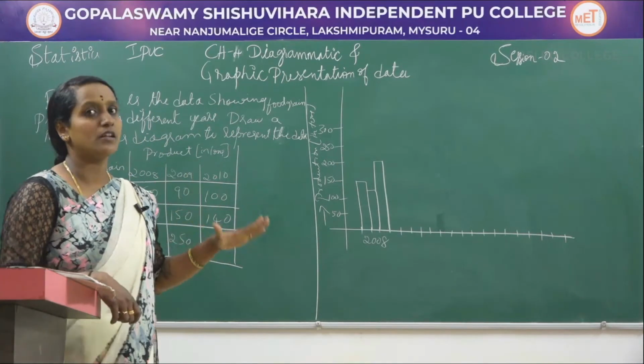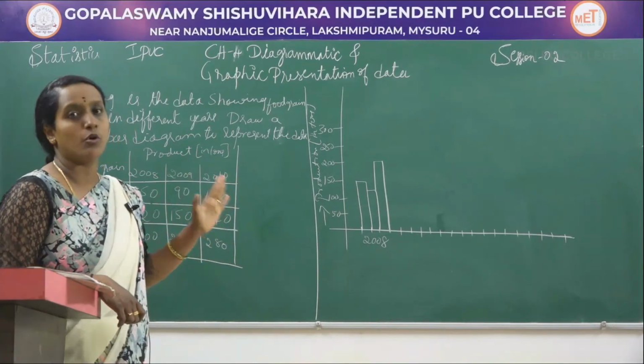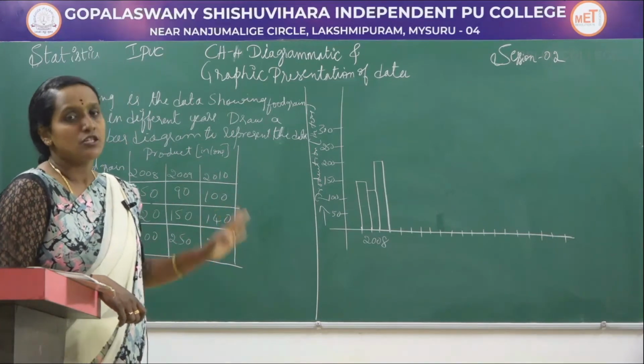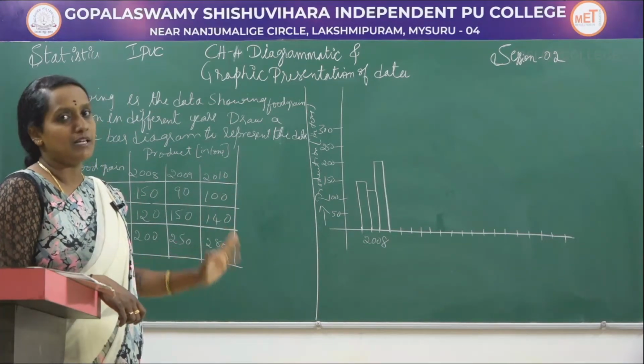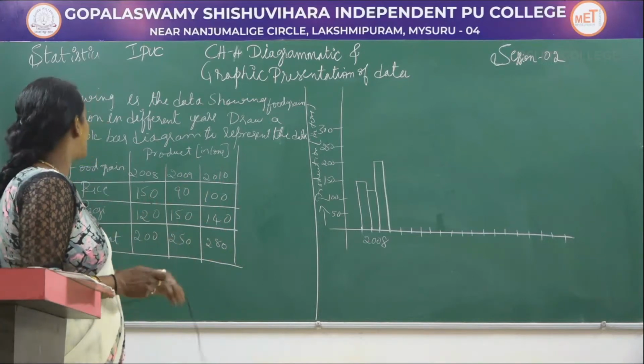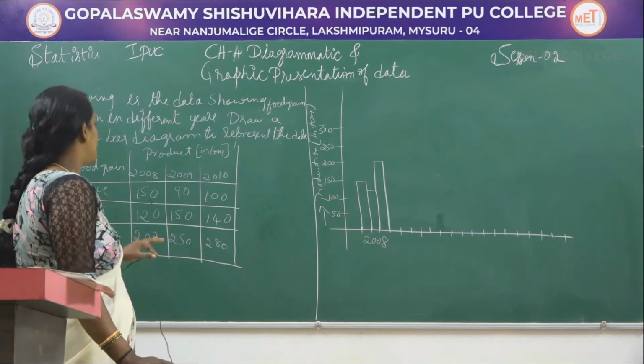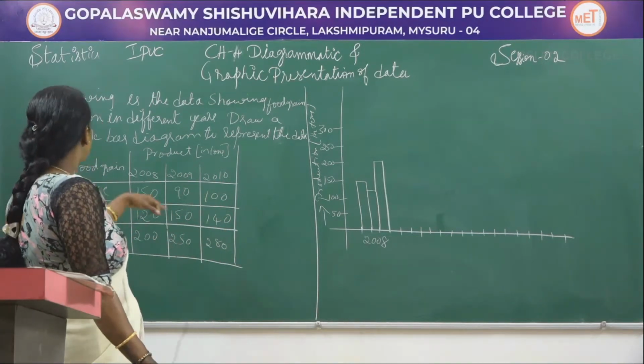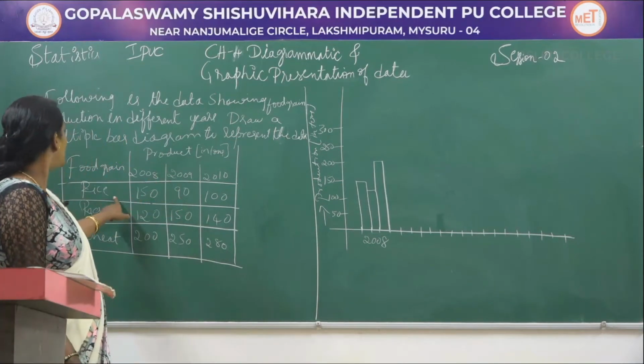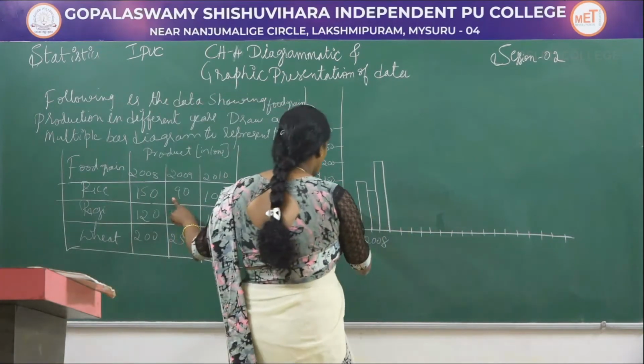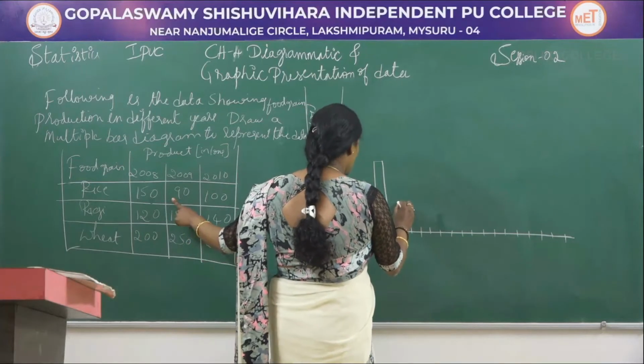For the same year we have more than 1 bar, so that is why it is called a multiple bar diagram. Next, similarly as for 2008, I am drawing. See, for 2009 the rice is 90. It will come here, 90.